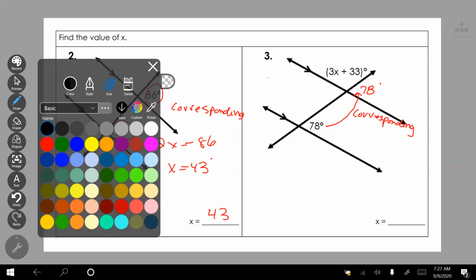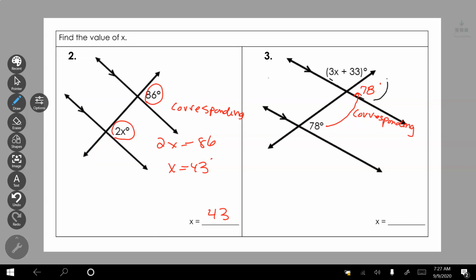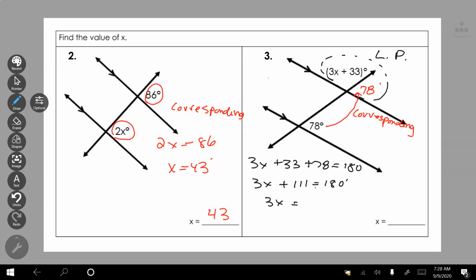And then I have these two angles together make up a linear pair, and the linear pair have to add up to 180, so 3x plus 33 plus 78 equals 180 degrees. 3x plus 111 equals 180 degrees. 3x equals, subtract over the 111, equals 69. So x is equal to 23.